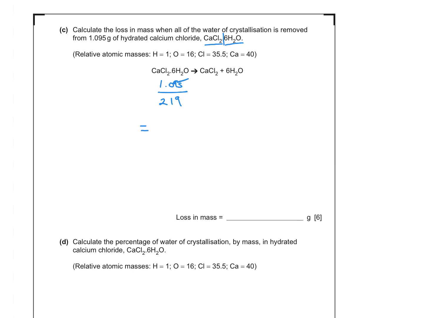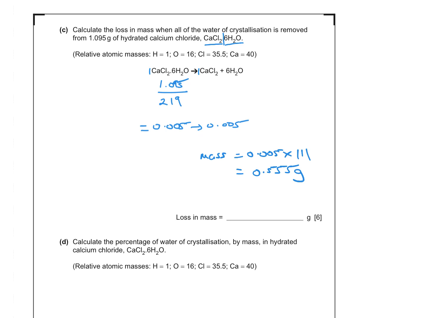The number of moles is going to be 0.005. You can see that it's a 1-to-1 ratio, so that means it will produce 0.005 moles of the anhydrous calcium chloride. We can now then convert that to a mass. We just multiply that by the RFM of calcium chloride, which is 111, and that works out to be 0.555 grams.